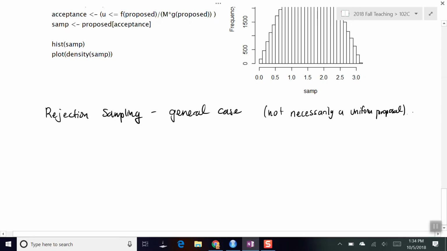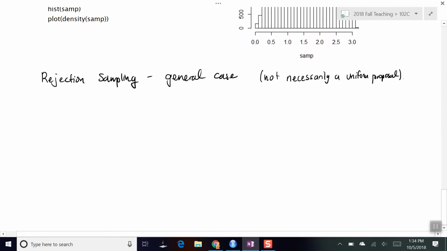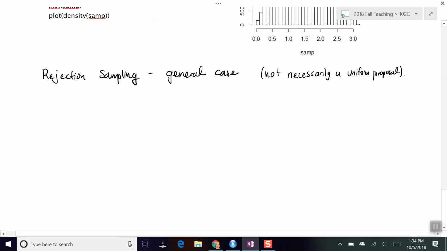Okay, so for example, we might have a PDF that extends to infinity. And if that's the case, you can't do uniform proposals, right? Because there's no uniform distribution that will propose values between negative infinity and positive infinity with equal probability.